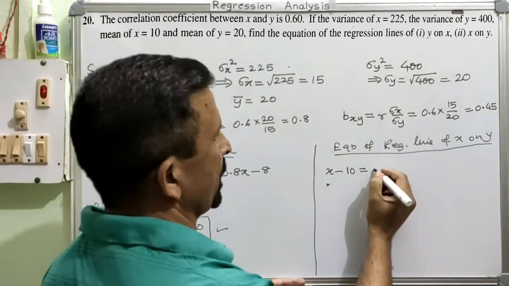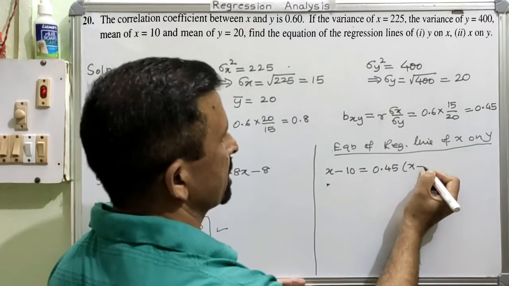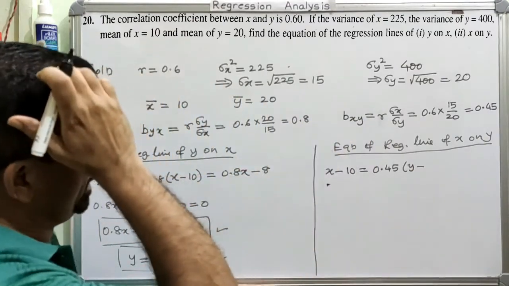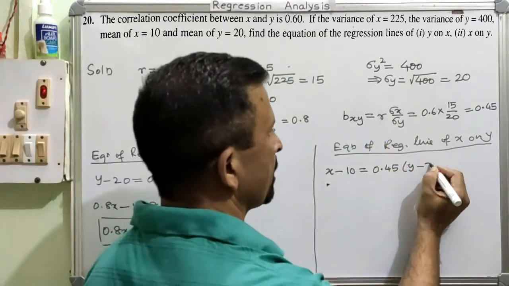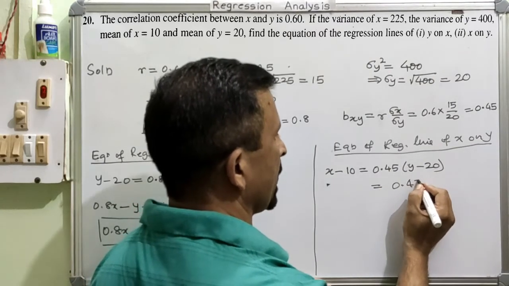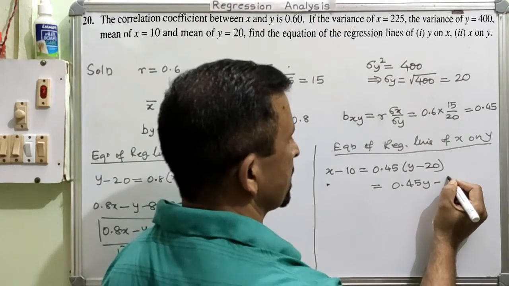Bxy is calculated 0.45, into y minus y mean, and y mean is 20. Simplify, this is 0.45y, and then you multiply this, it will become minus 9.